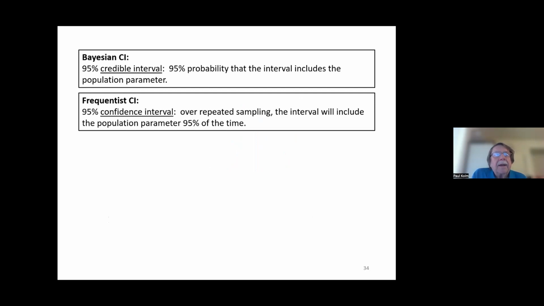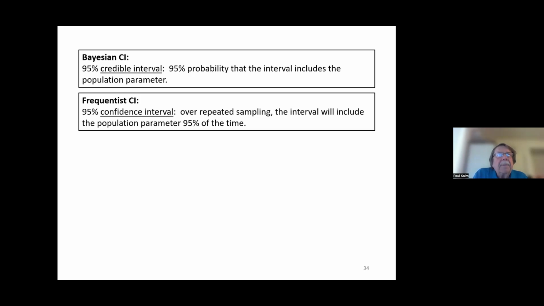And in the Bayesian interpretation, that means that when we calculate our 95% interval, there's a 95% probability that the interval includes the population parameter or the difference that we're interested in. From the frequentist perspective, a confidence interval means that over repeated sampling, the interval will include the population parameter 95% of the time.